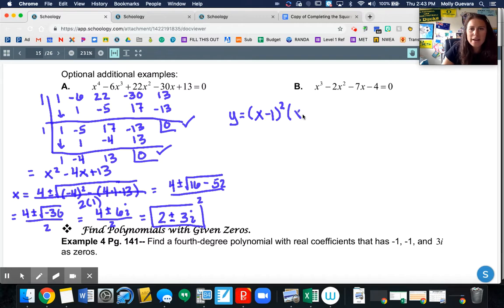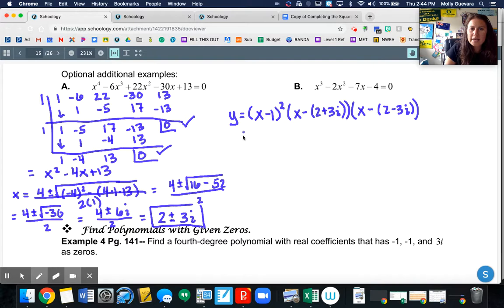It's always x minus, and then one of my zeros is 2 plus 3i. And then I have x minus, the other 0 is 2 minus 3i. Okay, so this is 1 0, this is the other.